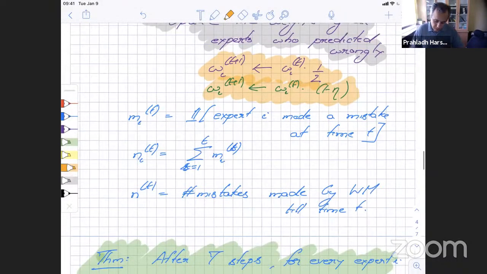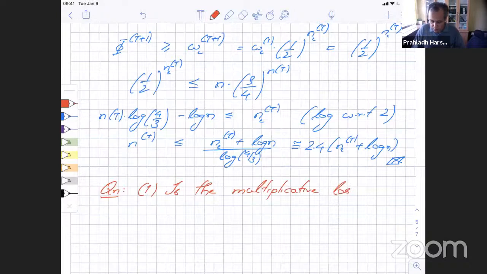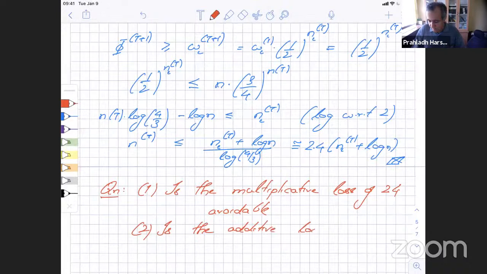So the question which I was asking is two questions. 1, is the multiplicative loss of 2.4 avoidable? 2, is the additive loss of order log n avoidable?